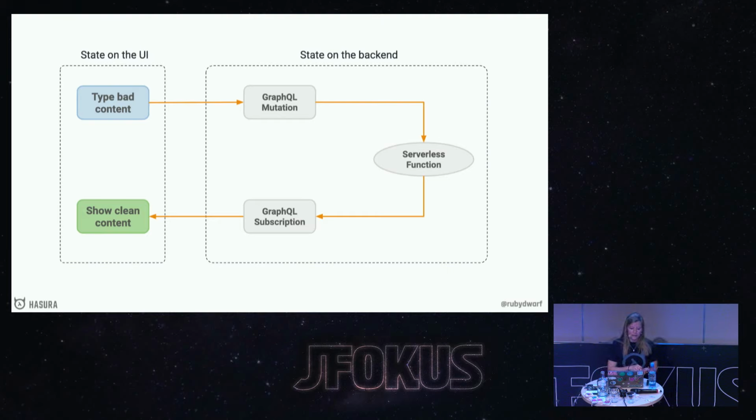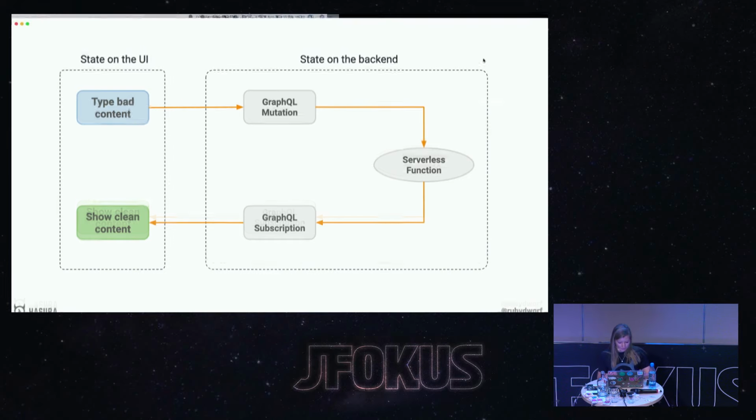Then all the UI components that subscribe to this tweet, we've seen the subscription before, will get updated when the sanitized version is available. So now this was a little bit fast. So let's see how this works.